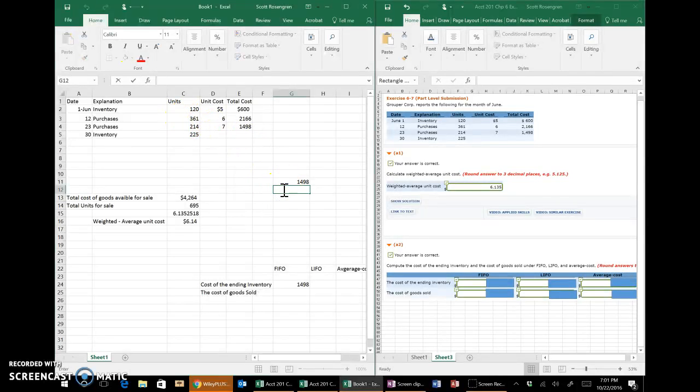And we have 11 at $6 this time, times 6, will get us $66. Now, to get our cost of the ending inventory here, we will add those together. 1,498 plus 66, and that will get us 1,564.